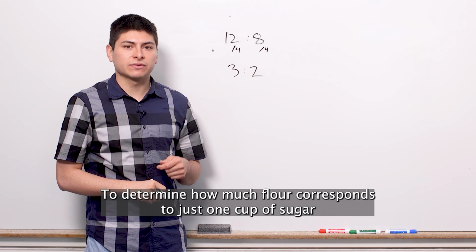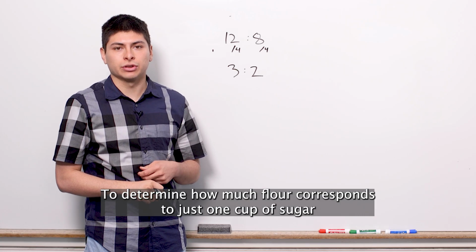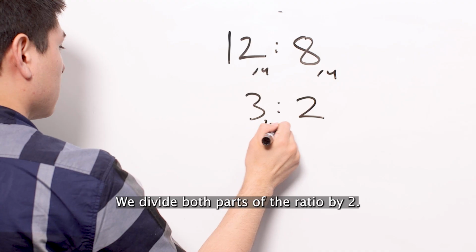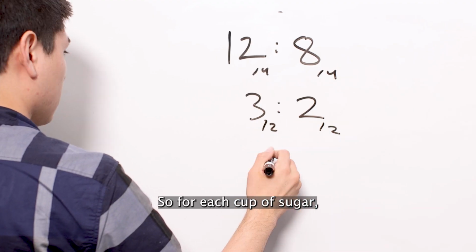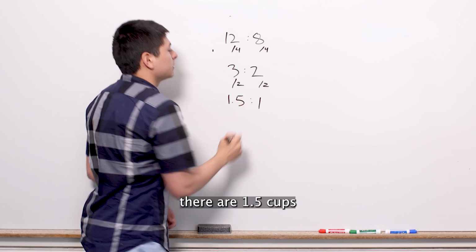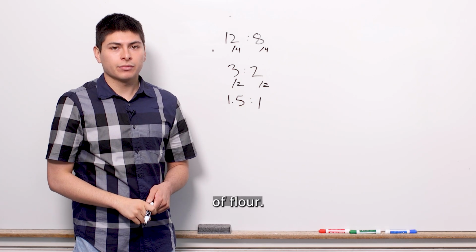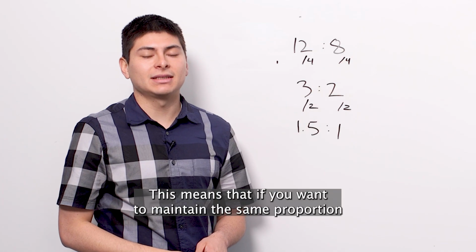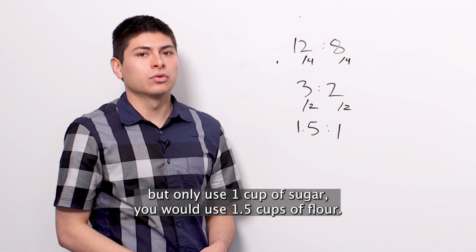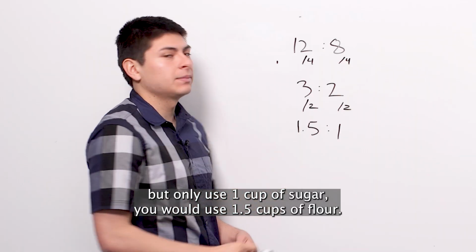To determine how much flour corresponds to just 1 cup of sugar, we divide both parts of the ratio by 2. So, for each cup of sugar, there are 1.5 cups of flour. This means that if you want to maintain the same proportion, but only use 1 cup of sugar, you would use 1.5 cups of flour.